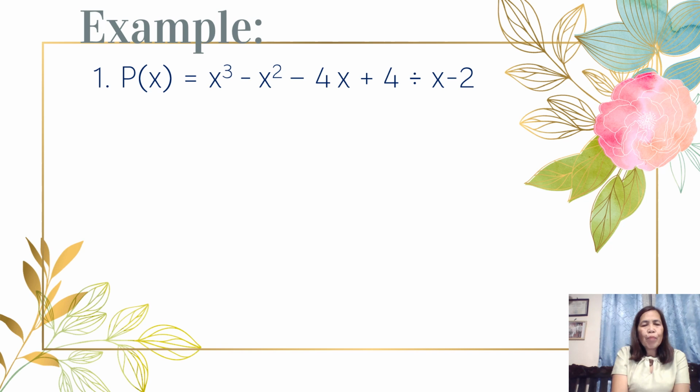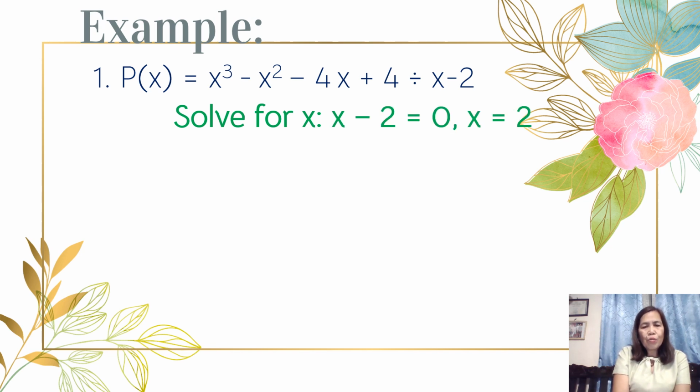Example, p of x equal to x cubed minus x squared minus 4x plus 4 divided by x minus 2. So, is x minus 2 a factor? Okay, let's see. So, as usual, we solve for x. X minus 2 is equal to 0, x equal to 2.